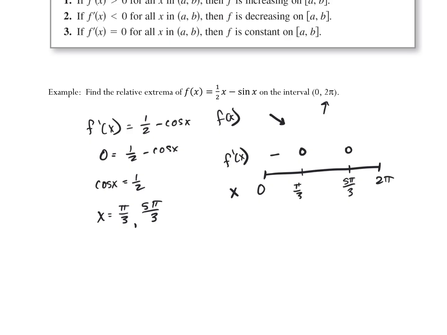Will that result be positive or negative? Positive, so I know increasing. And then if I chose 11 pi over 6, negative, decreasing.